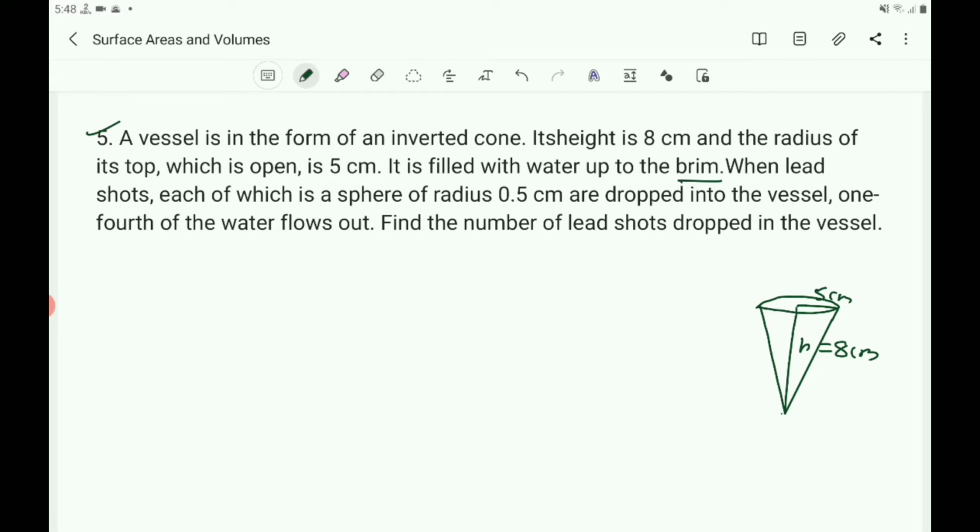So get the volume of the water that flows out, that is 1/4 of the volume of the cone. That is equal to the total volume of all the lead shots dropped into the vessel. That divided by the volume of each lead shot gives the number of lead shots. So you write the solution.